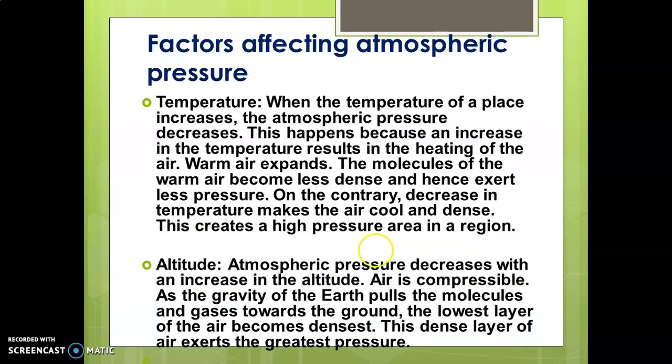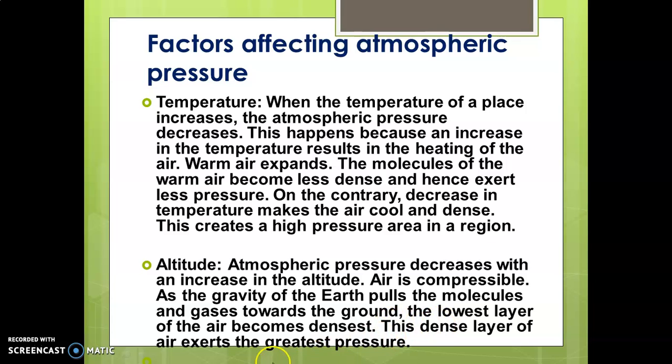Next factor is altitude. What is altitude? Height above sea level. As we know, as height increases, temperature decreases. But the pressure of air is maximum near the earth's surface due to the gravity of the earth. As gravity pulls the air molecules and gases towards the ground, the lowest layer of air becomes densest.